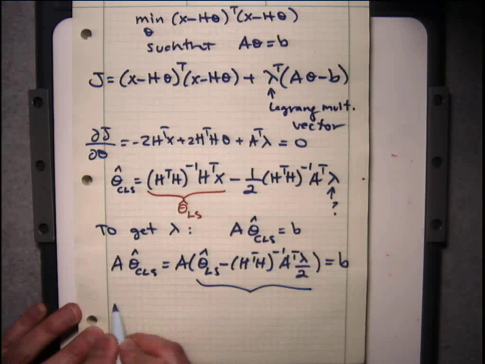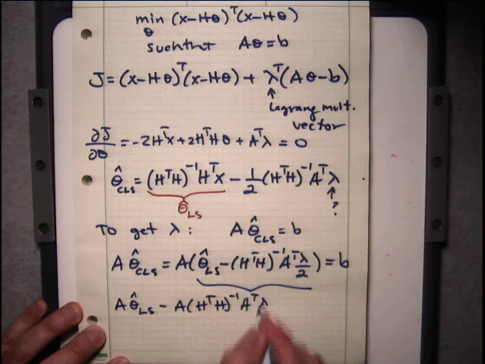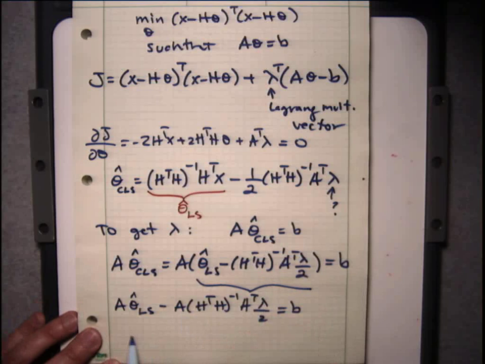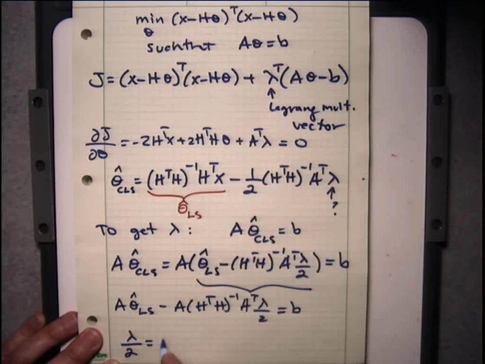A theta hat least squares minus A (H transpose H) inverse A transpose lambda over 2 equals B. And then we solve for lambda. Let me just write it as lambda over 2, because I'm going to have to plug in lambda over 2 in here anyway. This becomes [A (H transpose H) inverse A transpose] inverse times (A theta hat least squares minus B).